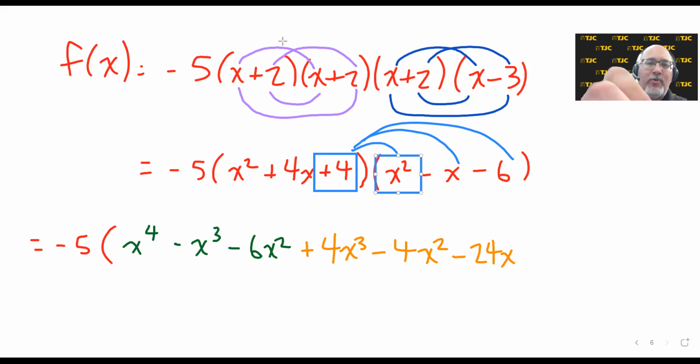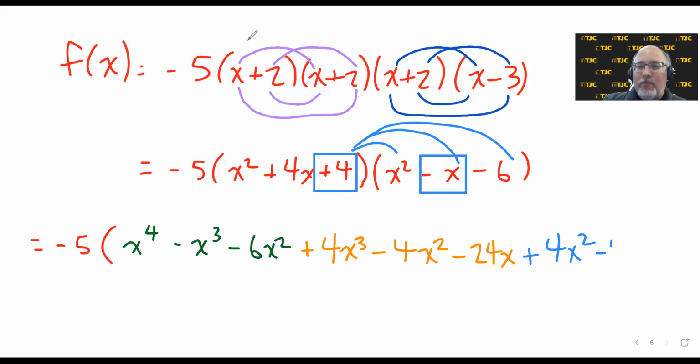All right, so starting with positive 4 times x squared is positive 4x squared. And then move to the next term in the second factor. Positive 4 times negative x is negative 4x. And then finally to the last term in the second factor, positive 4 times negative 6 is negative 24.